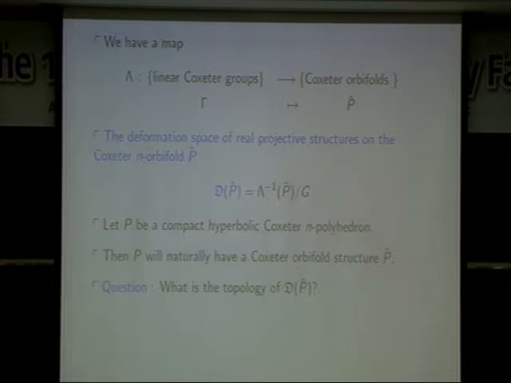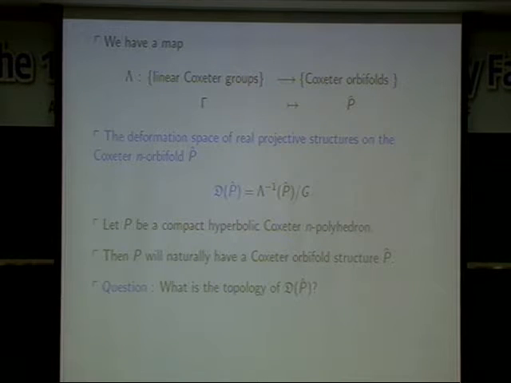So previously, if P is a compact hyperbolic Coxeter polyhedron, obviously omega is an ellipse, and the quotient by gamma is a hyperbolic Coxeter orbifold. Okay, so in fact P has a Coxeter orbifold structure P hat.